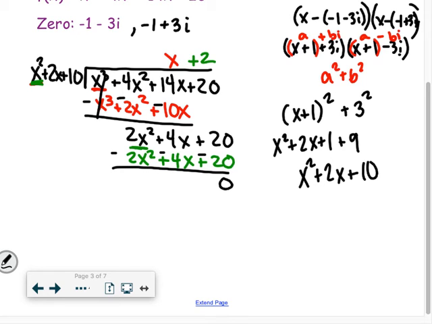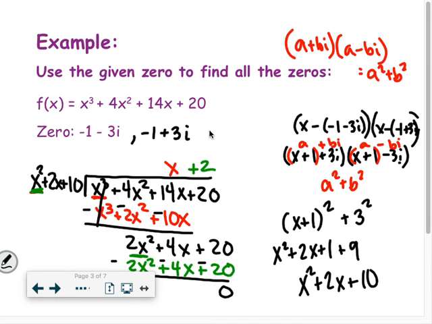That's because you're dividing by the quadratic that is made up of the two other zeros, so they would give you remainder 0. Okay, so their product gives us remainder 0, which means the extra factor is x plus 2. So there's our missing factor.